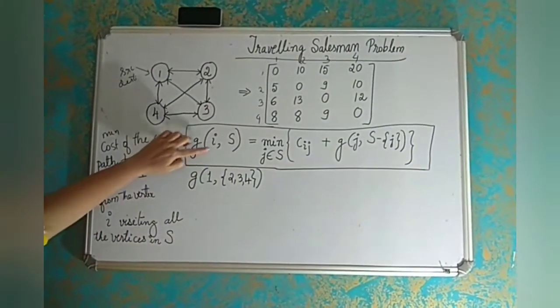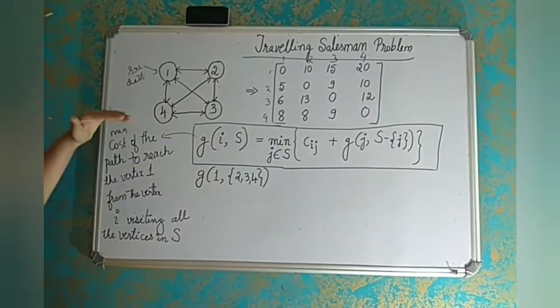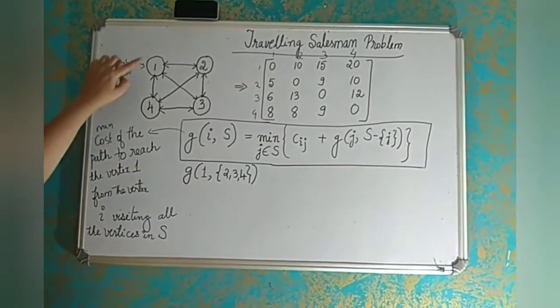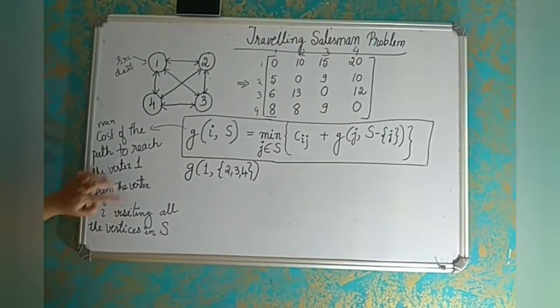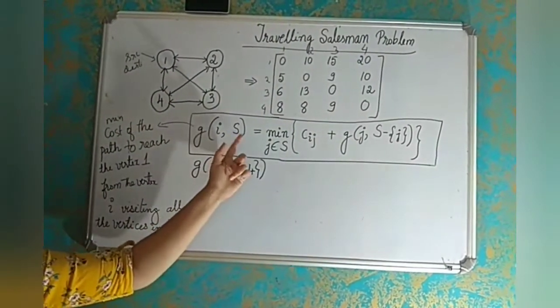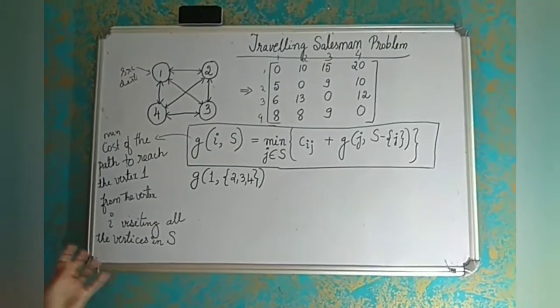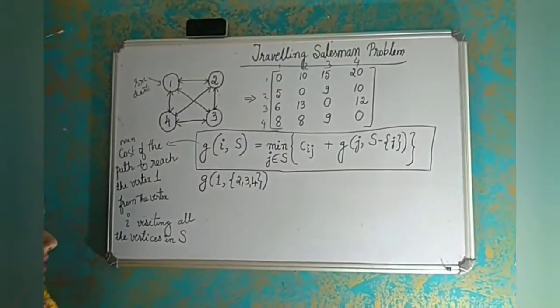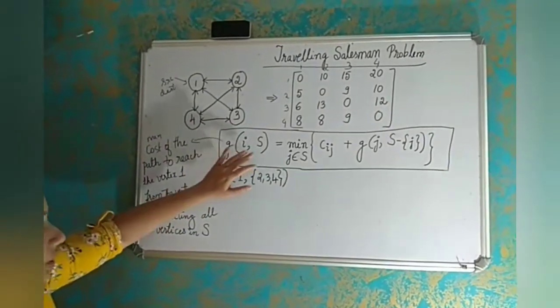So G of I comma S is the minimum cost of the path to reach the vertex 1 by visiting all the vertices in S. S is the set of all vertices which the traveler has to visit. So that is G of I comma S.